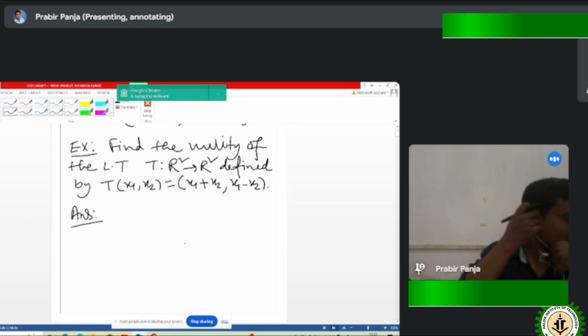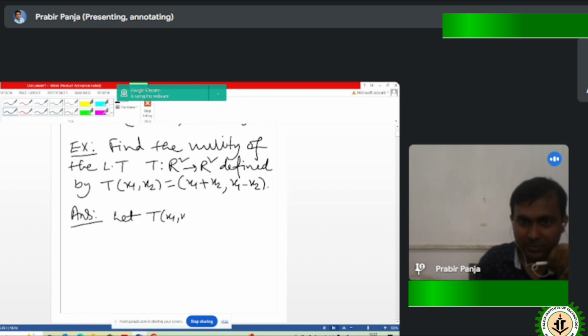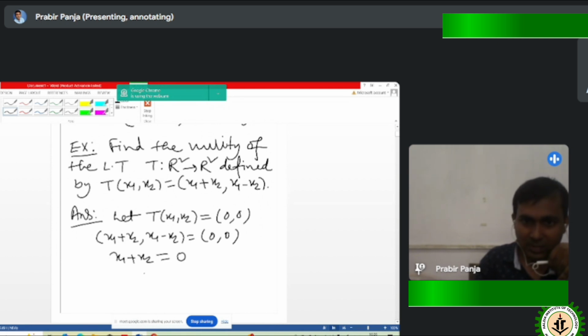Let T of x1, x2 equal to 0, 0. So it will give us x1 plus x2, comma x1 minus x2, equal to 0, 0. So it gives x1 plus x2 equal to 0 and x1 minus x2 equal to 0.